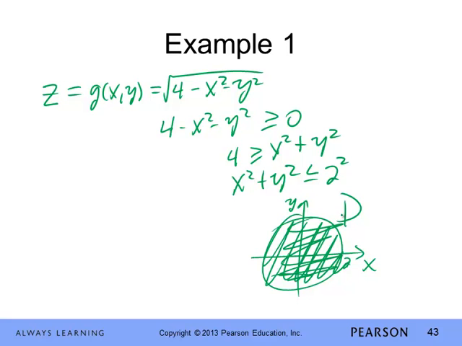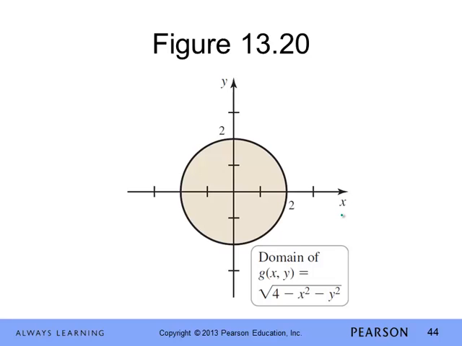But the minute that you step out of that boundary, then that function is undefined. Here's a better picture of that domain: a disk of radius 2 centered at the origin.